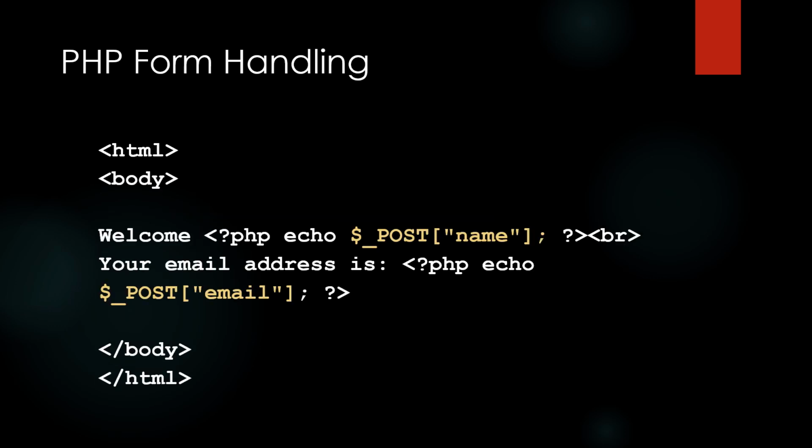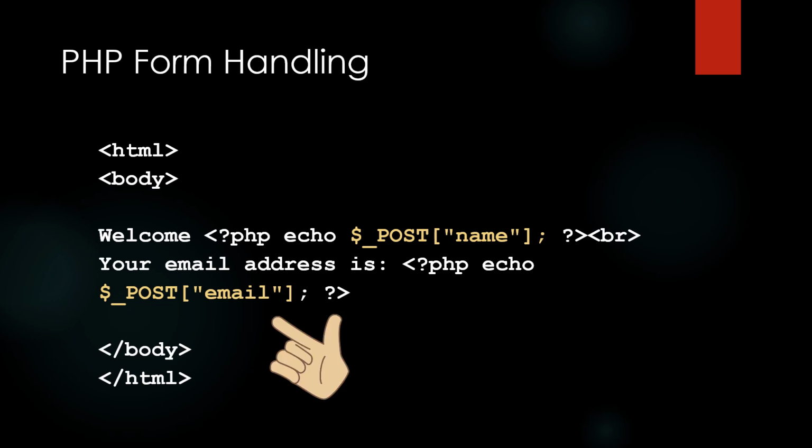To display the submitted data, you could simply echo the named variables. So welcome.php would look something like this: Welcome, and then we echo out the value of this array, line break, your email address is, and then we echo out the value of this array.